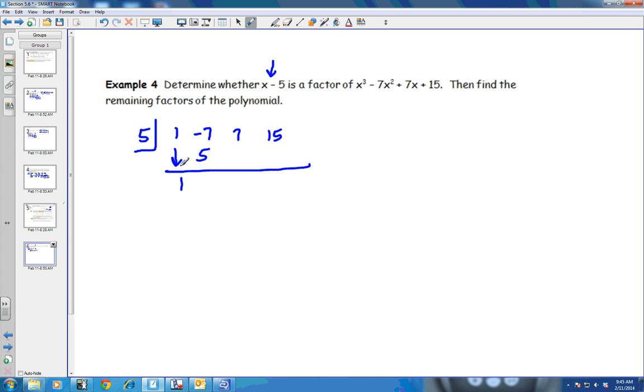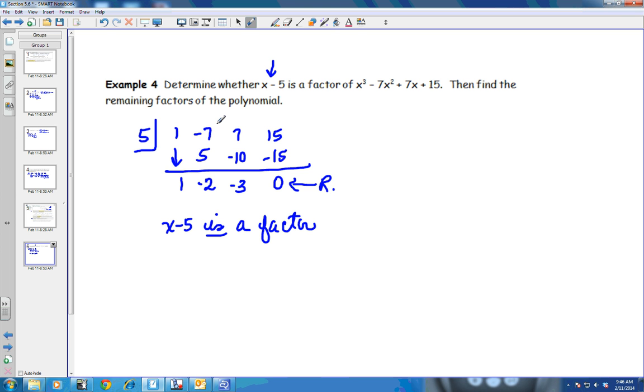Add them up, and I get -2. -2 times 5 is -10. Add it up, and I get -3. -3 times 5 is -15. Add it up, and I get 0. Remember, my last term is my remainder. So since I have a remainder of 0, that means that x minus 5 is a factor.